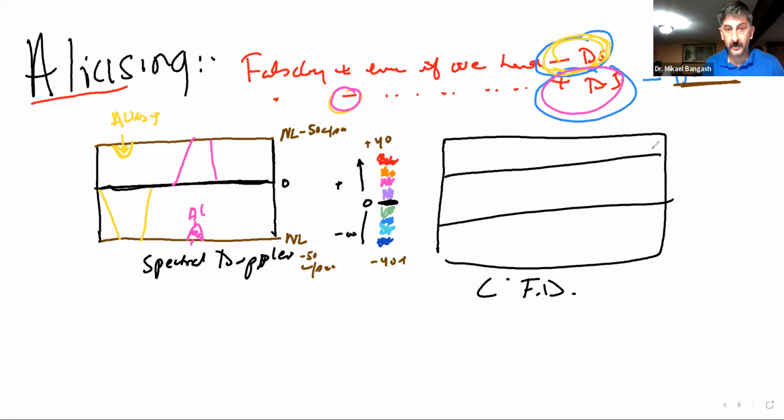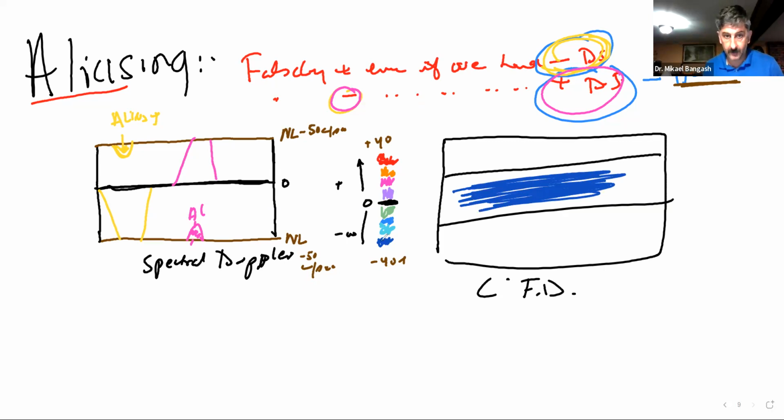Now, what we would mainly see, and let's just say we had a negative Doppler shift, you will mainly see something like this.